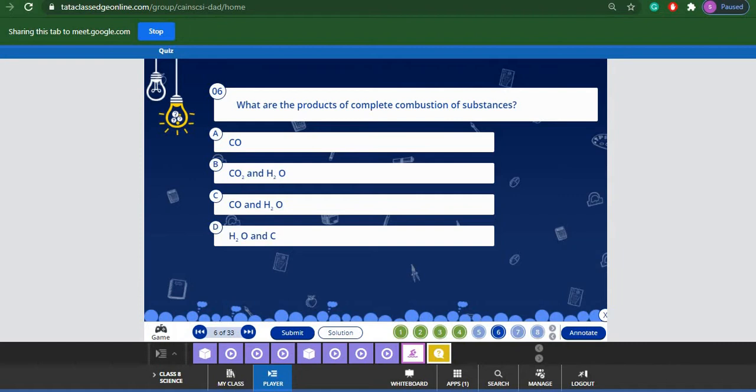What are the products of complete combustion of a substance? Is it carbon monoxide, carbon dioxide, water, carbon monoxide and water? Sir, B. Yes, very good. It will be B, carbon dioxide and water.